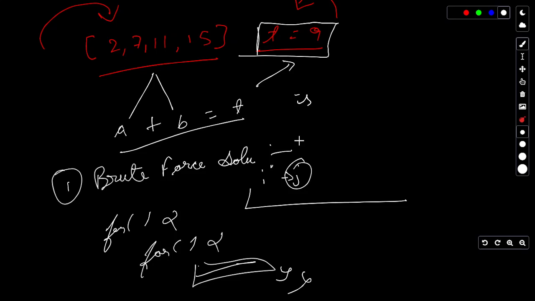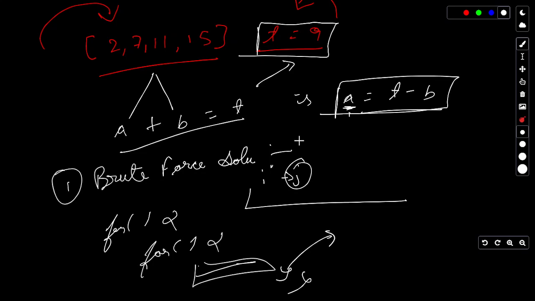If we have got b, then a equals t minus b. We will be looking for this equation, and if we find a number such that a exists, then we will just return it inside the for loop itself, and have a dummy return statement of -1 at last. So let's try to implement this solution, whatever I was just telling you about.